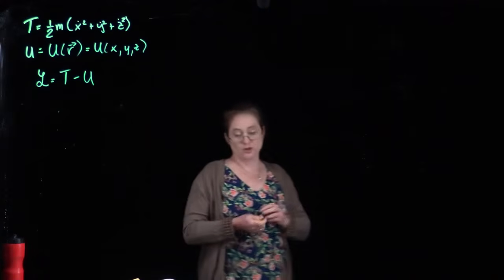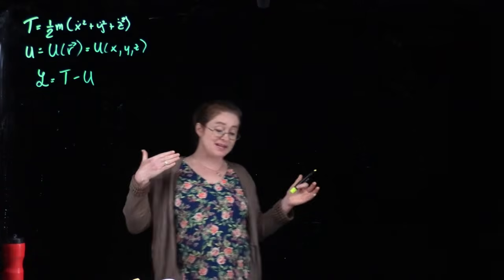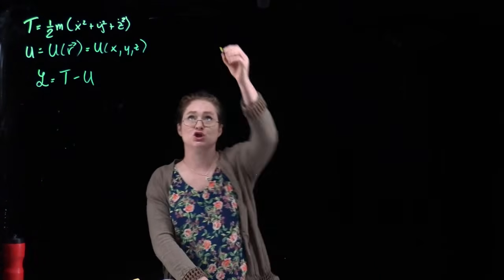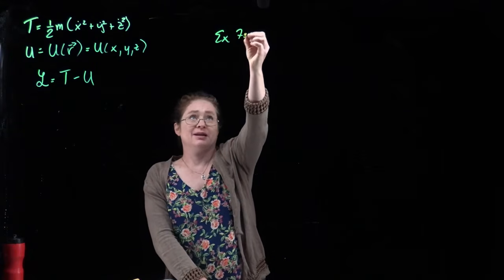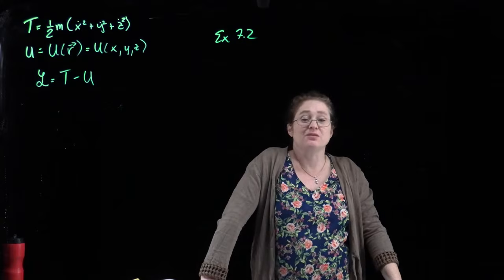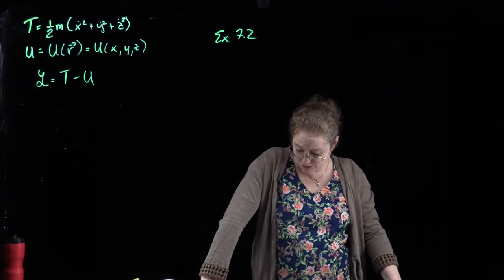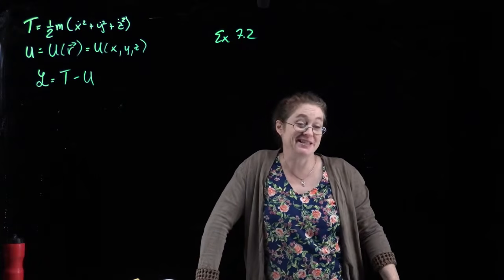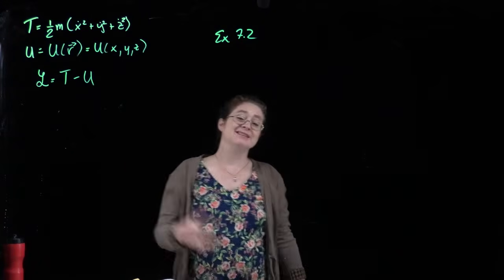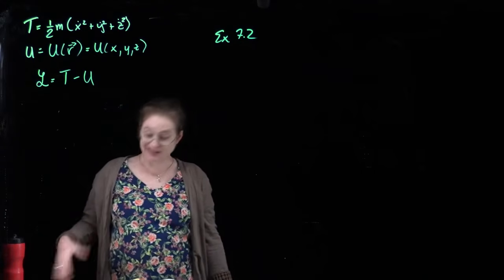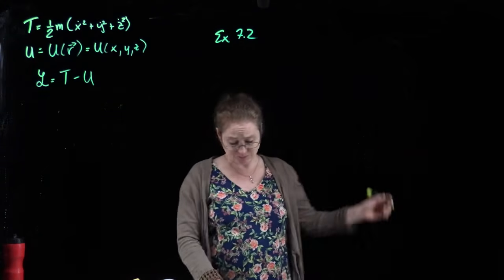All right, so now we're going to take that and look at what that means for a particle in 2 dimensions. This is example 7.2. We will see that the equations of motion for a particle in 2 dimensions in polar coordinates fall out rather easily, whereas when we had to derive them in Newtonian mechanics, it was kind of ugly and complicated.